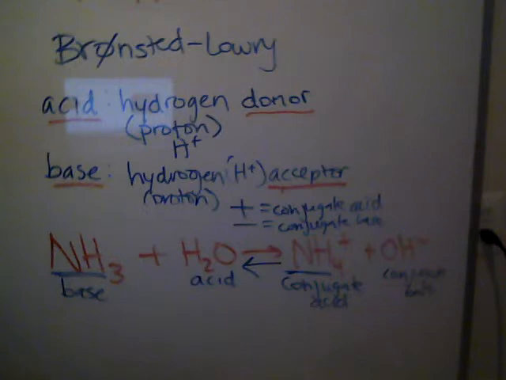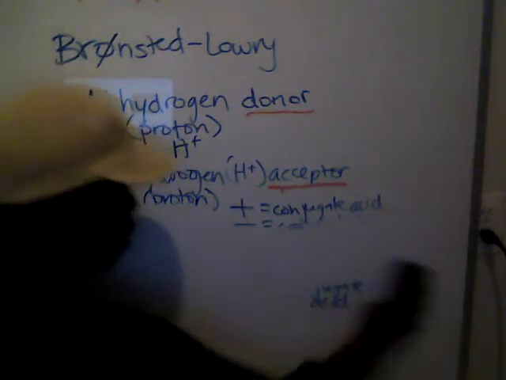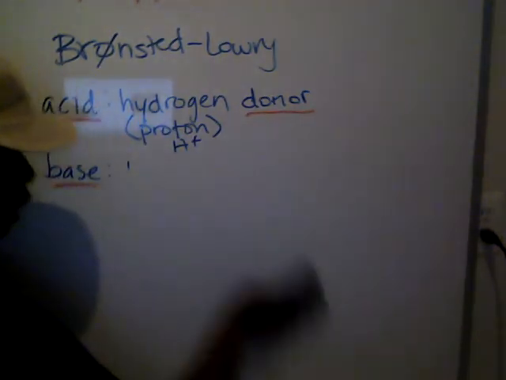There also is a third definition of acids and bases, and that deals with Lewis, the same guy that did the Lewis dot diagrams. This definition of acids and bases is very rarely used because Lewis's definition deals with electrons.